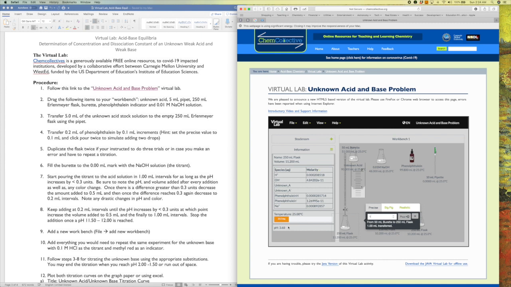So you really want to make sure that the increments stay below 0.3.